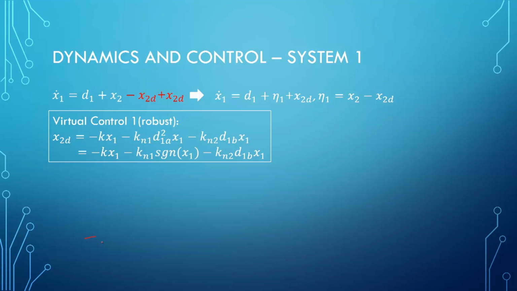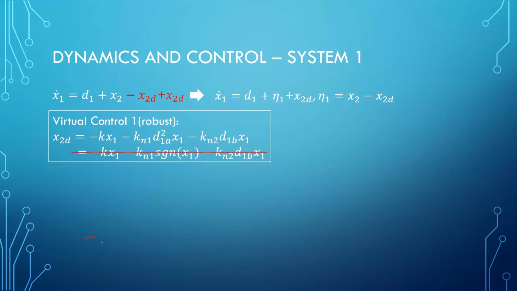Here, robust means high gain, so we use a high gain feedback control here and here to suppress the disturbances. And here, you might also use a high frequency approach, okay?